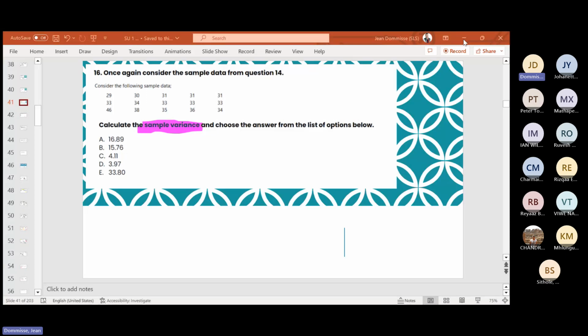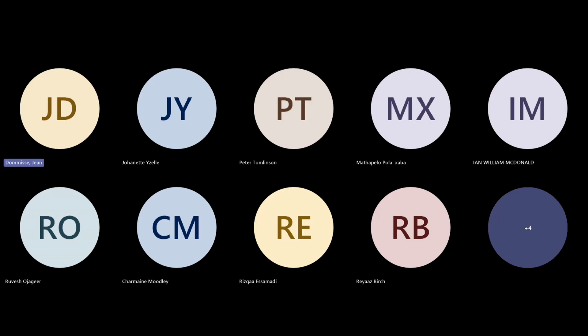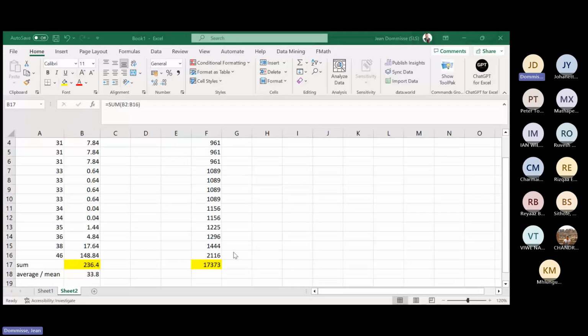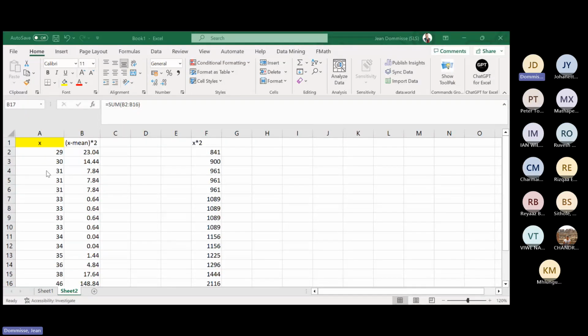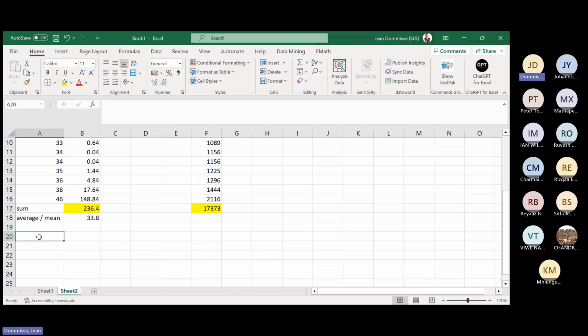But what I would do if I get a question like this in the exam is I would just go straight to my Excel. I would not go into any of those formulas. I would go straight to say, I need to work out my sample variance.